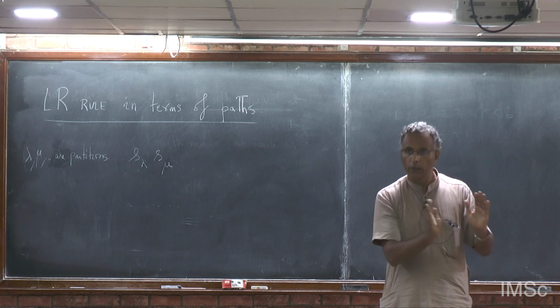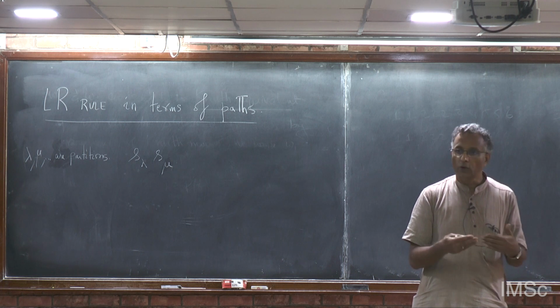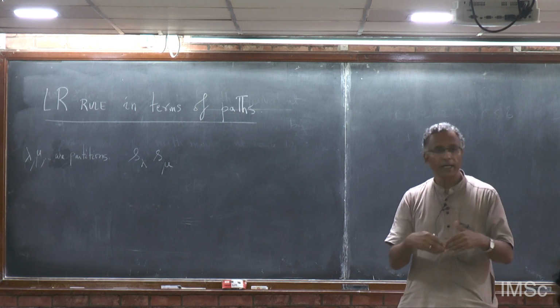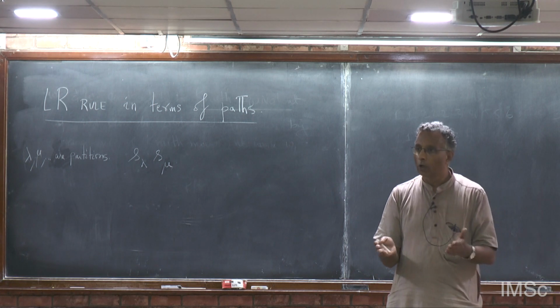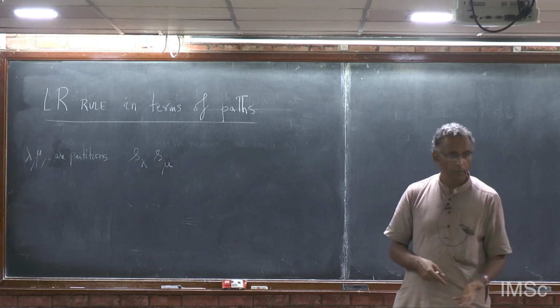So when we have n variables, S lambda will be non-zero only when lambda has at most n parts.